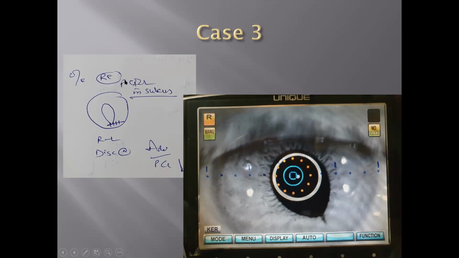So I have put the lens in the sulcus, a three-piece intraocular lens in the sulcus, that is between the anterior capsule and the iris. So here the normal physiology is disturbed. There is a mild decentration also because the structural support is weak.